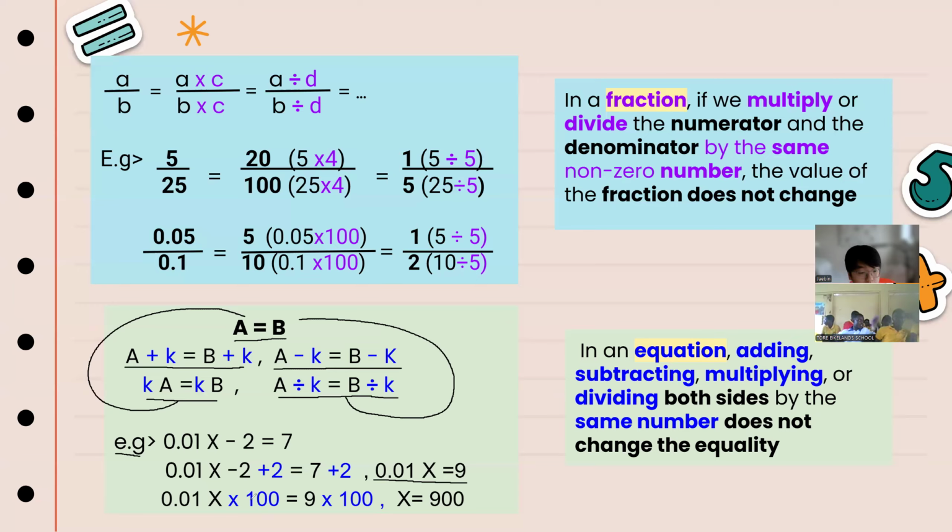And then what we can do is multiply by 100 on both sides, because 100 times 0.01x is just equal to x. But since we multiplied the left side by 100, we have to multiply the right side by 100. That would keep the equality. So 9 times 100 is 900. So if you solve this equation, 0.01x minus 2 equals 7, we get x equals 900.